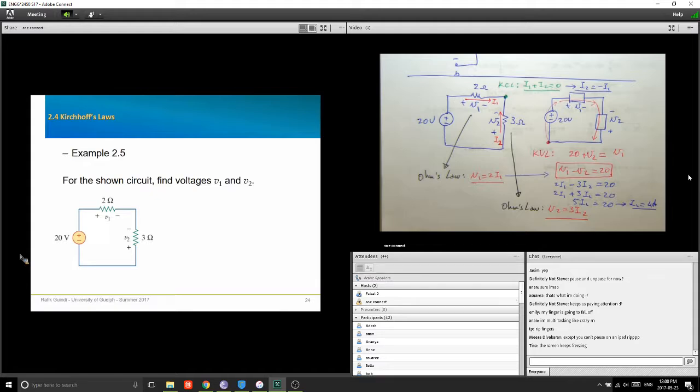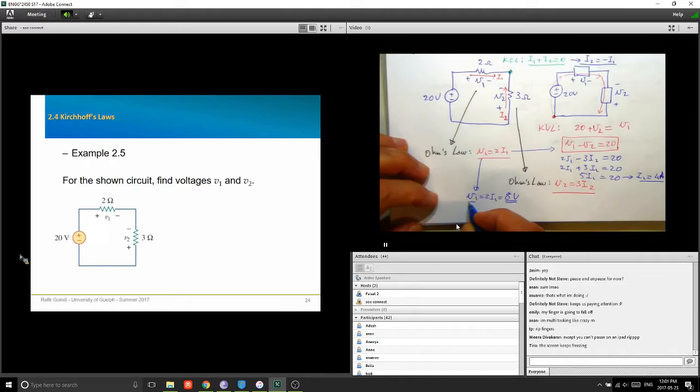Now, how much is V1, which is like the purpose of this whole thing? V1 equals 2I1, that's equal to 8 volts. V2 equals 3I2, that's equal to negative 3I1. That's equal to minus 12 volts.